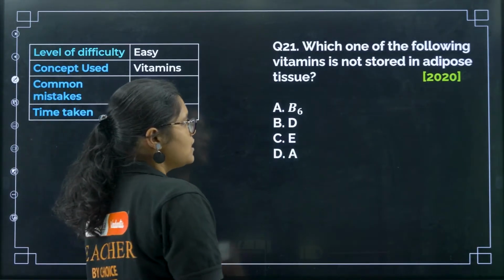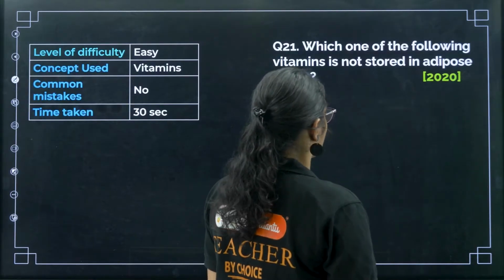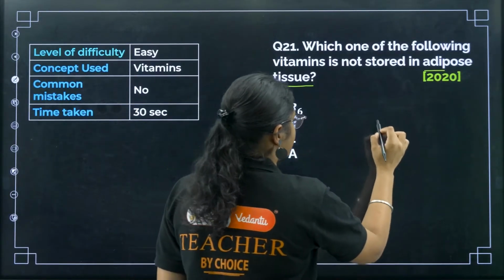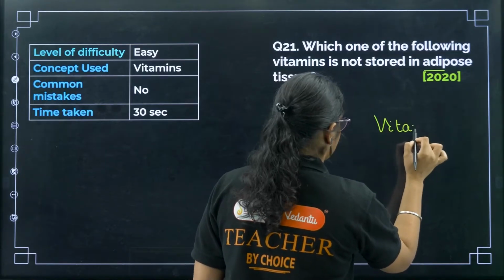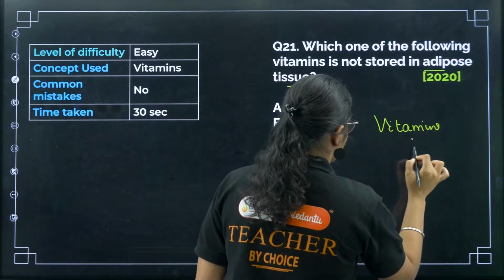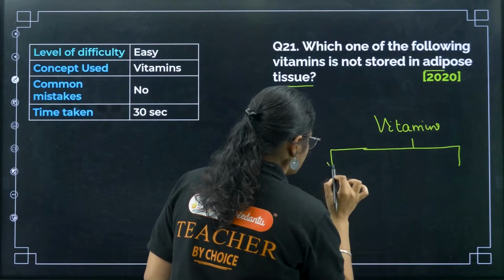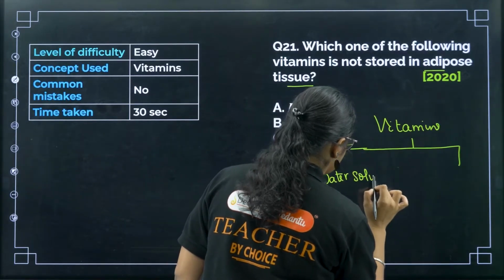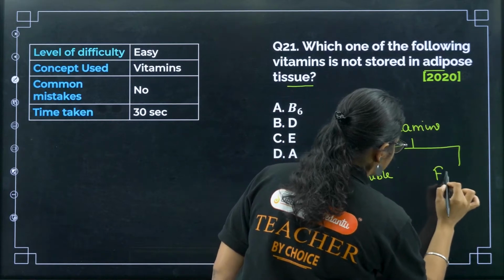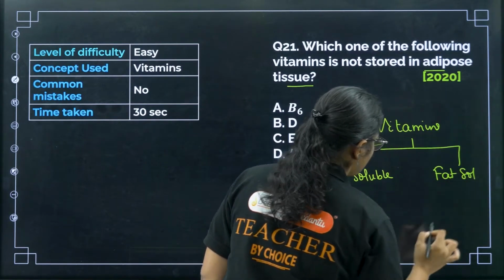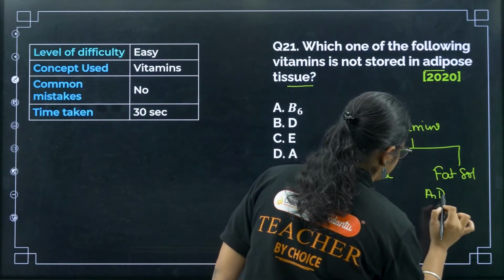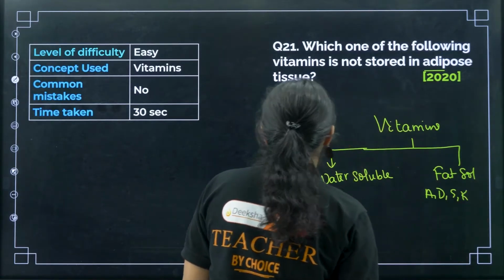Question number 21. Which of the following vitamins is not stored in the adipose tissue? Here, as we just discussed, we can classify vitamins in two categories, that is water soluble and fat soluble. Under water soluble we have vitamin B and C, and under fat soluble we have A, D, E and K, right?